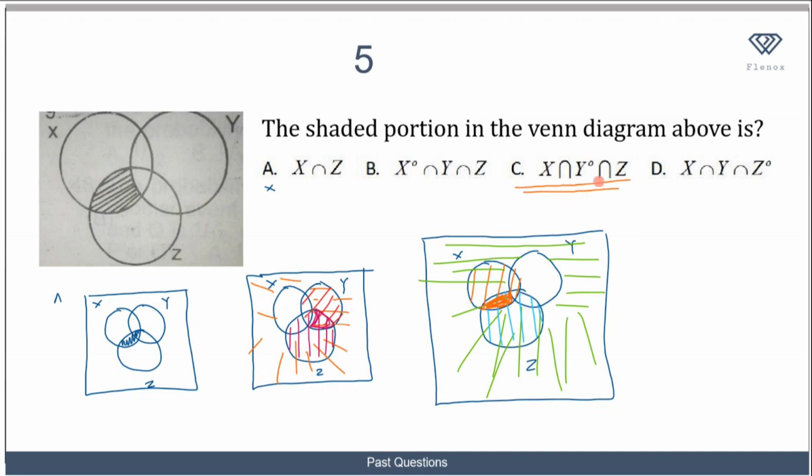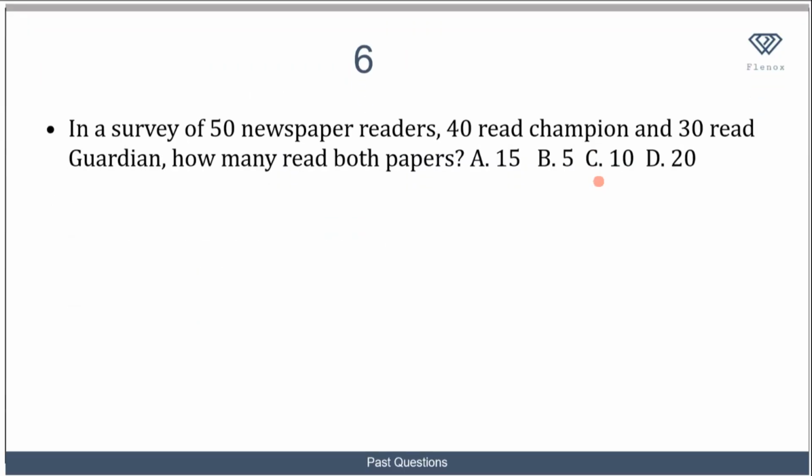Now let's move on to the next question, which is about solving questions that have to do with Venn diagrams. In a survey of 50 newspaper readers, 40 read Champion and 30 read Guardian. How many read both newspapers? To sketch that out, we'll first try to express it in a Venn diagram.